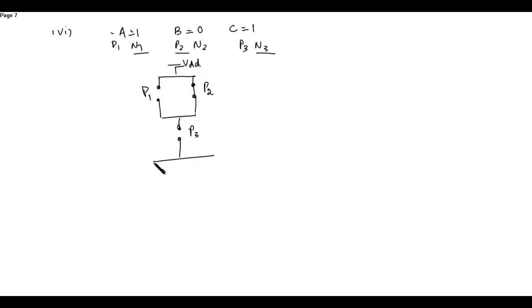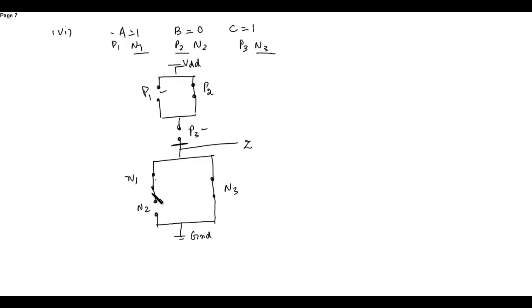Now N1 is on, N2 is off, N3 is on. This is N1, N2, N3. This is the output terminal Z. So here P3 is open circuited, P1 is open, so this will block the high voltage.